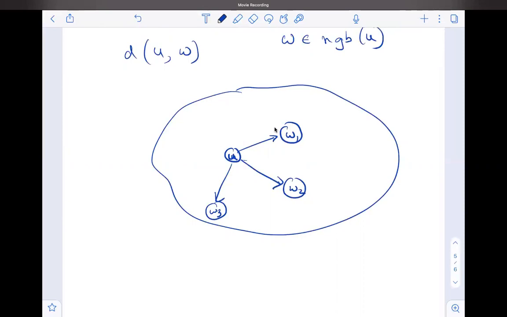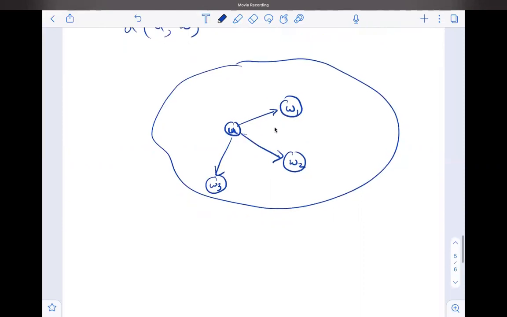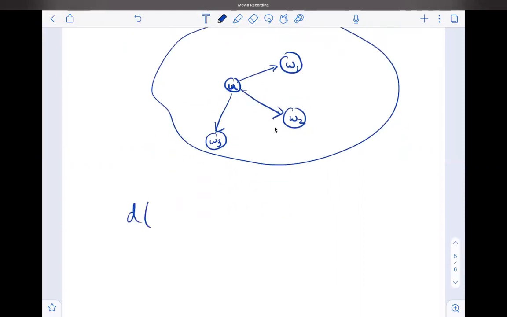Can you compute just the distance between u and w1? You are saying that the distance between u and w1 is equal to the weight of the edge between u and w1.